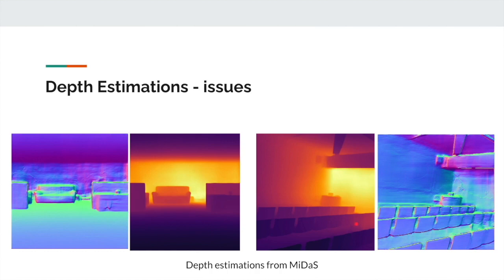For example, if we look at this depth map from the classroom image, we can see that these chairs are blended together and there is not a great distinction between them. Also, if we convert these depth maps to their corresponding surface normals, we can see that they struggle to represent flat surfaces such as this wall or this wall here.